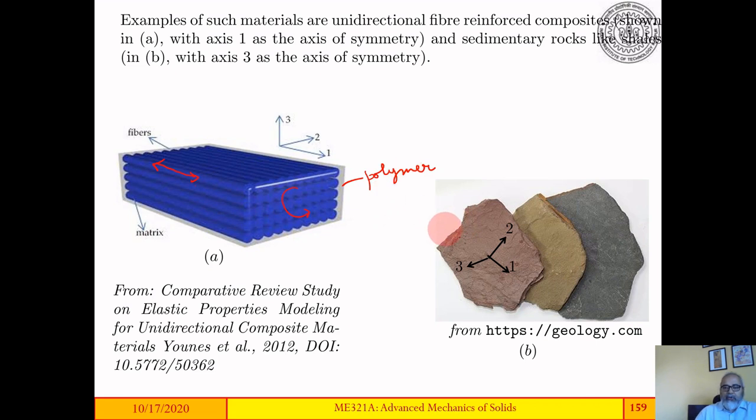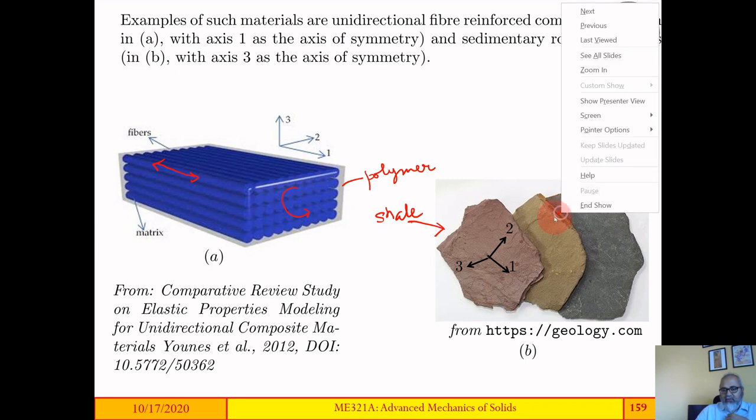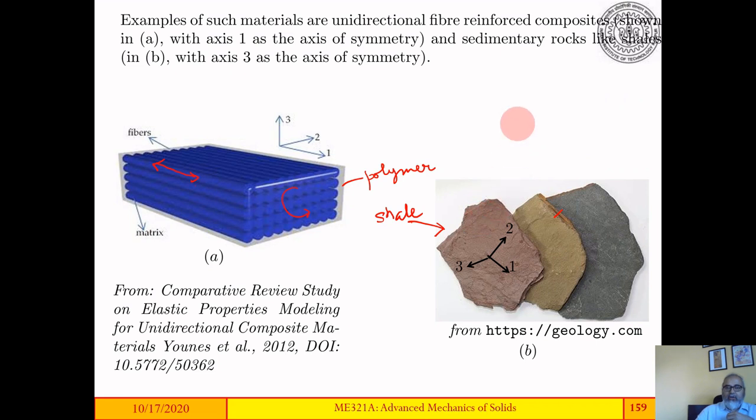A natural example are rocks called sedimentary rocks, and an example of that is a rock called shale, which is a sedimentary rock in the sense that it grows by, so across the thickness, this direction is called the bedding direction of this rock, and it grows by deposition of silt on, say, dried riverbeds or dried seabeds.